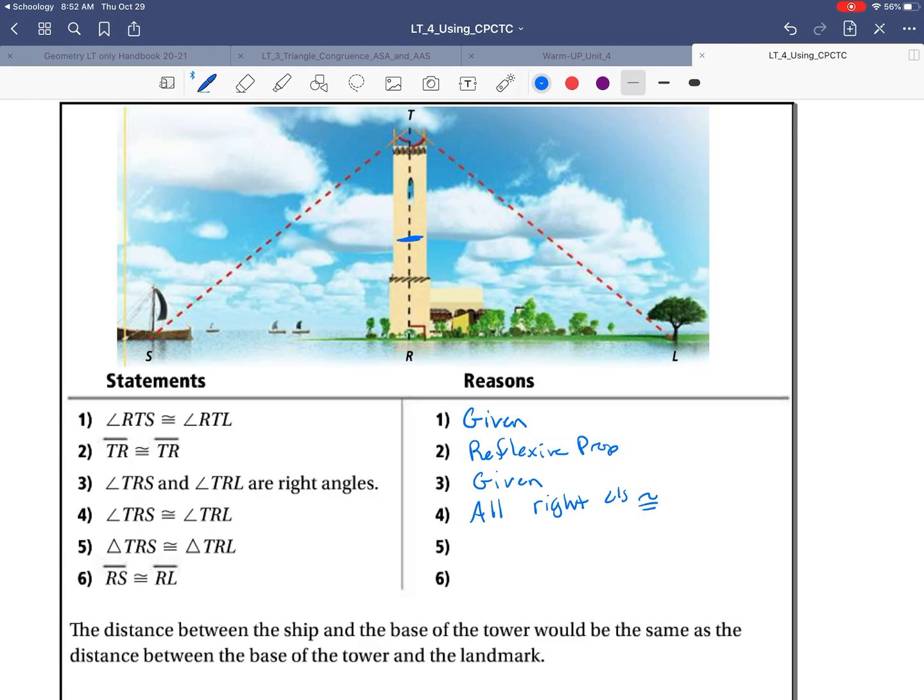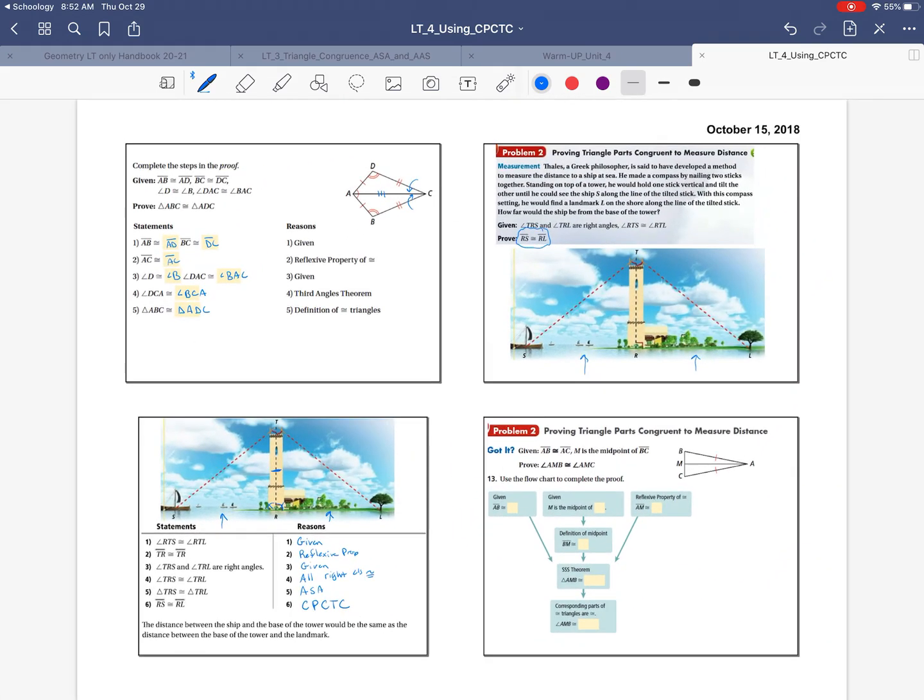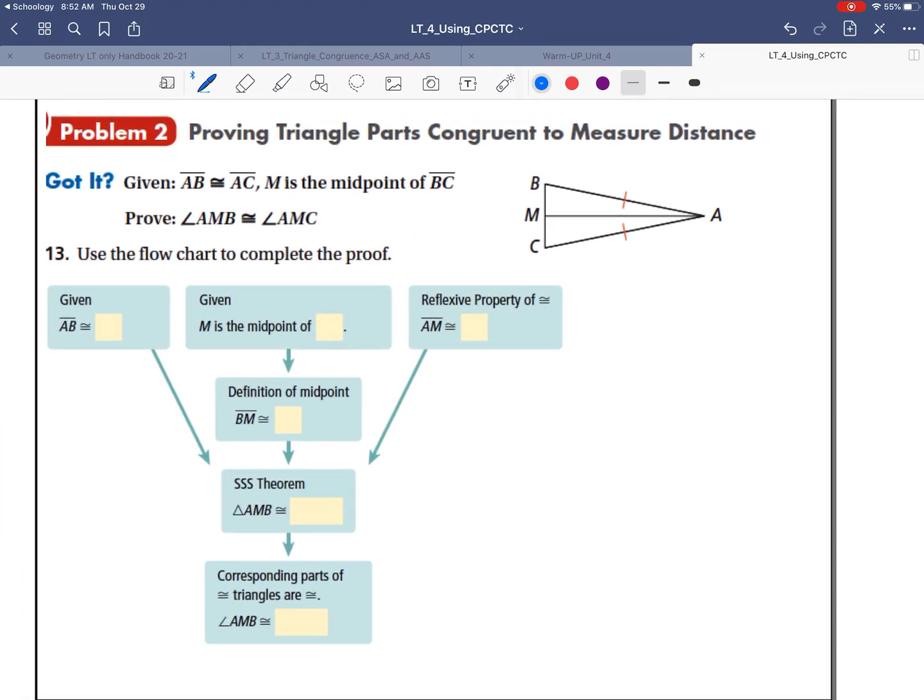Now the two triangles, if I've established these two angles as congruent, will be congruent by angle, side, angle, because you've got angle, side, angle congruent to angle, side, angle. Then the last step, what allows you to say that RS must be congruent to RL? Corresponding parts of congruent triangles are congruent. CPCTC. Proving triangle parts congruent to measure distance.